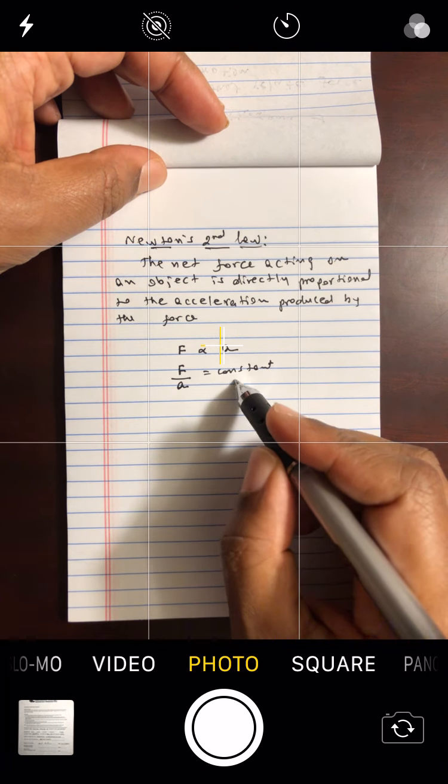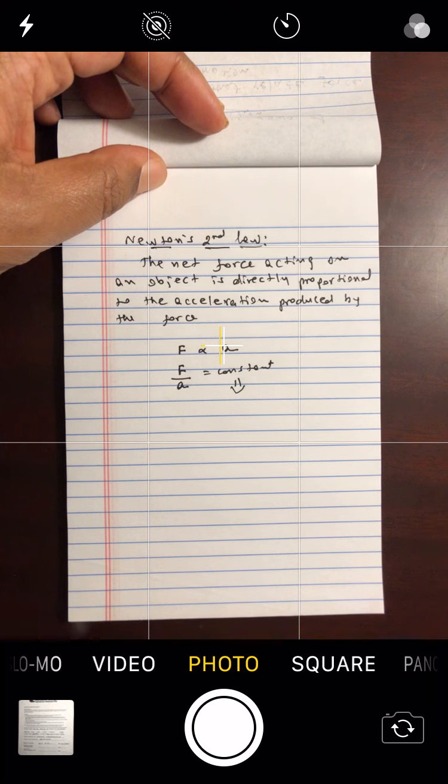Okay, so this constant is a measure of the amount of matter the object has, and it's called mass.